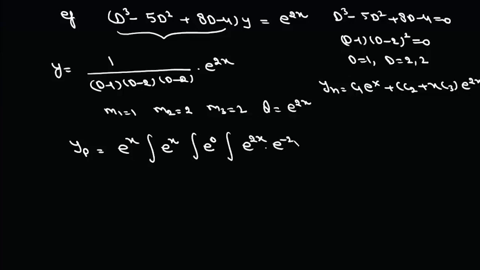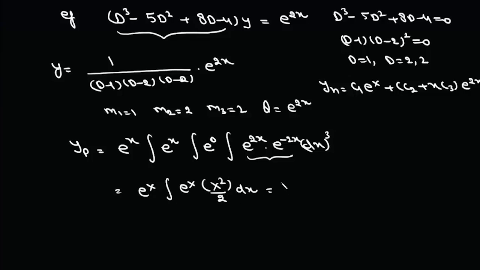So there will be e to the power minus 2x, and there will be dx cube. Now this is 1, so it will be simply x, and this is also 1, so it will be simply x square by 2. So we get e to the power x into x square by 2 into dx.